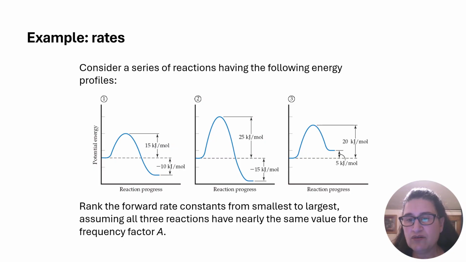Okay, so we don't care about the delta E. The delta E doesn't have anything to do with the rate. The only thing that affects the rate is the size of the hill. So this one has the smallest hill. This one is next, and it looks like this one is the highest, which means this reaction is going to be the fastest, and then this one would be the slowest reaction because it has the biggest hill.